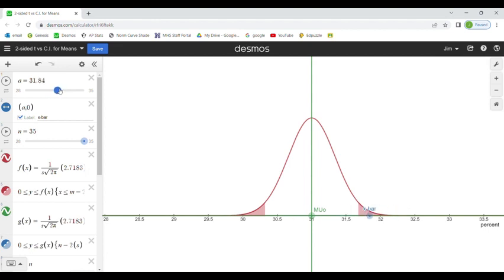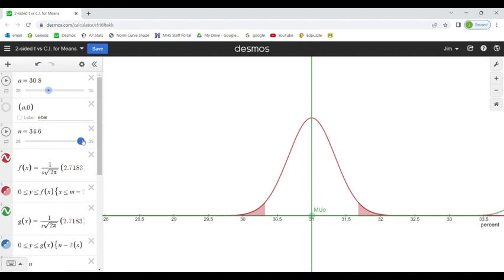If my x bar was out in this range, that means my p-value is smaller than alpha, and so we would reject the null hypothesis. Same thing out here. If my x bar was out in this range, we would reject the null hypothesis.